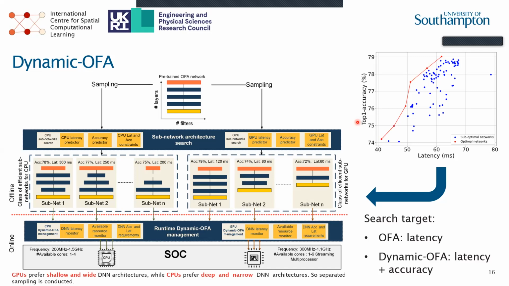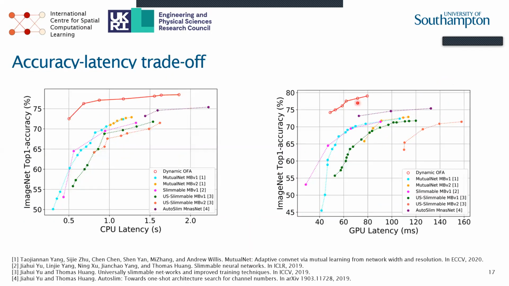Okay, so after we get this library, you can see that the models in this library have different accuracy and latency. The accuracy is tested on the ImageNet 50,000 validation set. The latency is measured on the device. So at runtime, we go based on the latency target or the available hardware resources.